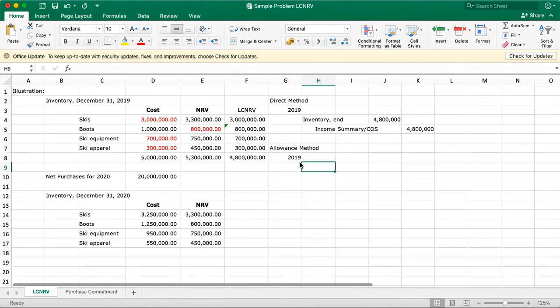So since it is at cost, we record debit inventory and credit income summary or cost of sale at cost at 5 million, because at cost is how we first record it.